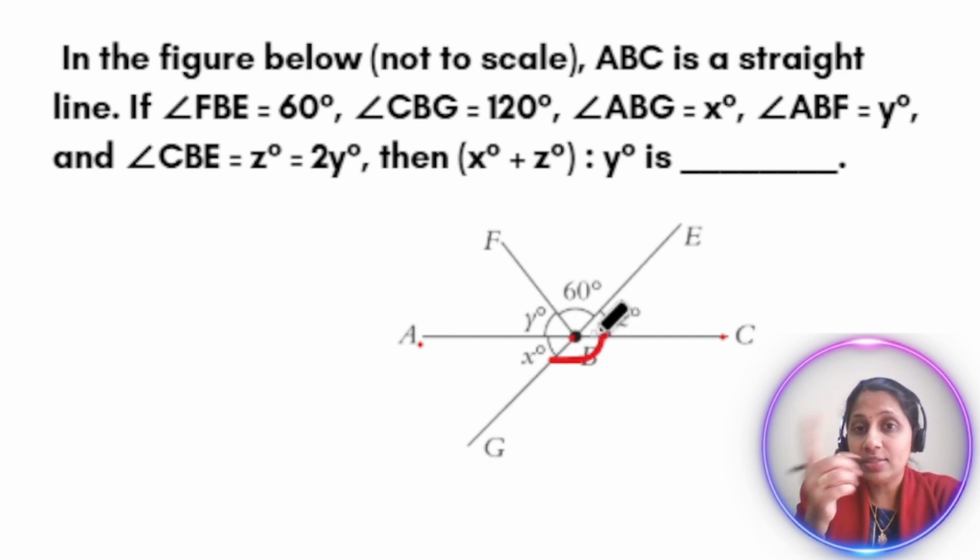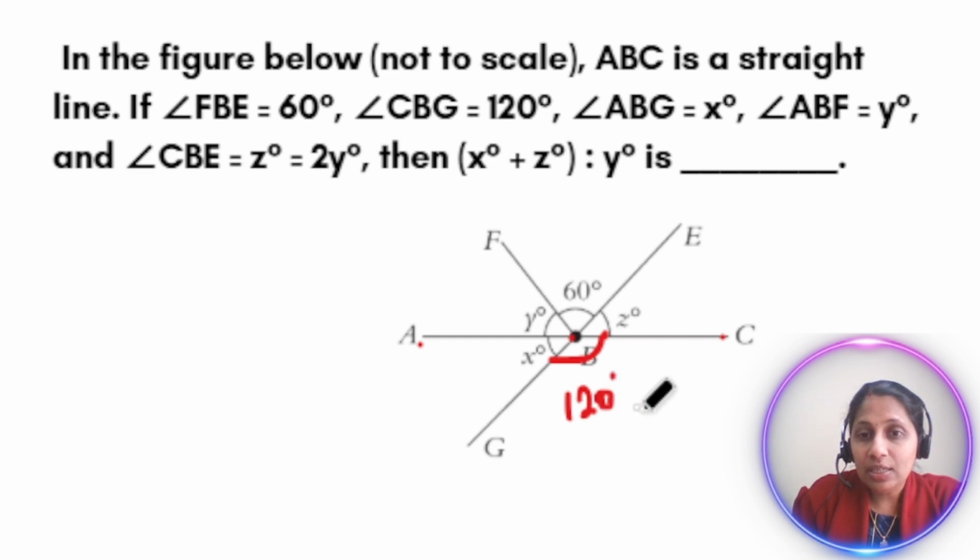We can't take it as a reflex angle because the measure is only 120 degree. So this side CBG is 120 degree, and ABG is X, and ABF is Y, and CBE is Z, which is equal to 2 times Y.